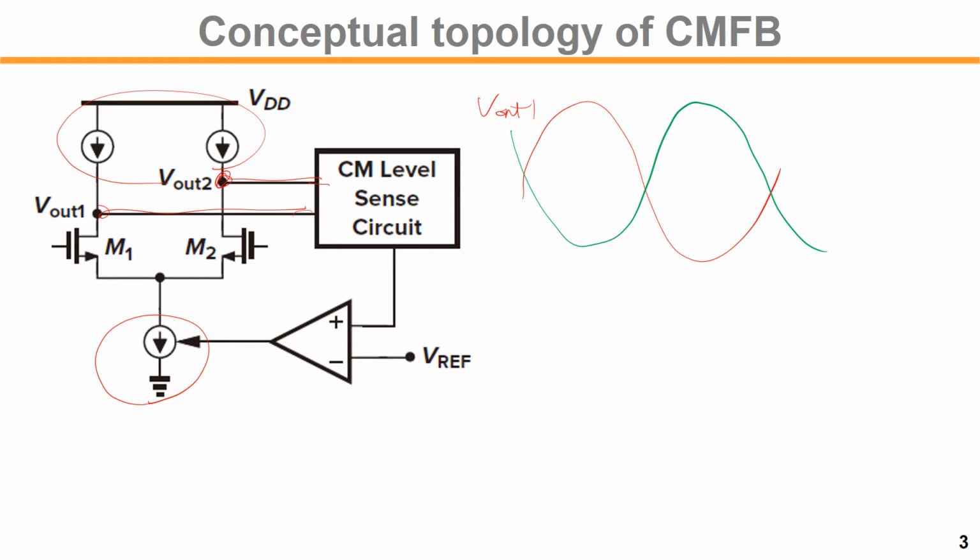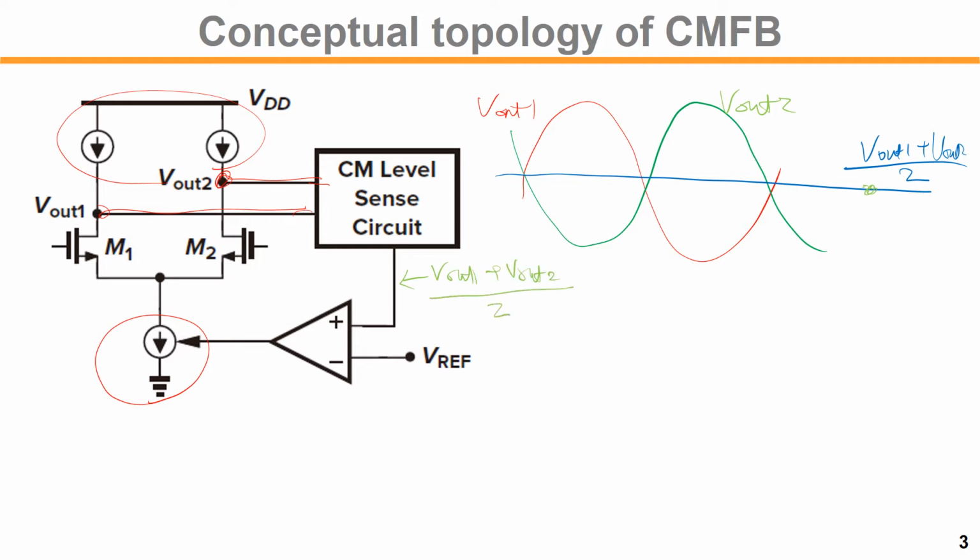This level, right? So V out 1 plus V out 2 divided by 2, right? This is V out 2, for example. So this common mode level is V out 1 plus V out 2 over 2, right?